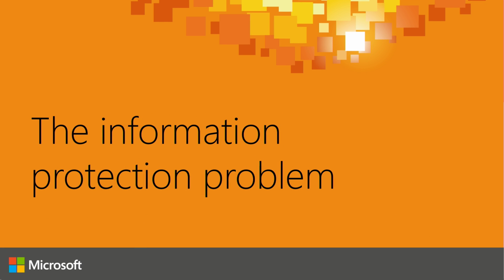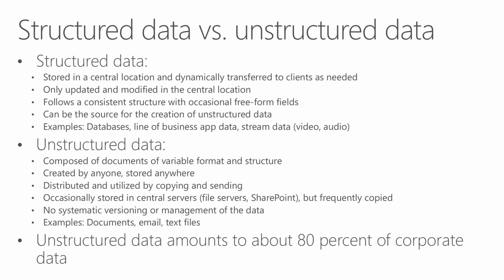So Azure RMS, as you probably understand and have learned this week, is a technology to protect your information. Let's have a look at what data we have in our corporate network IT environment. We categorize the data into different categories: structured data, of course, and unstructured data.